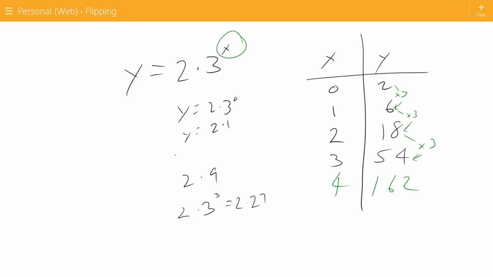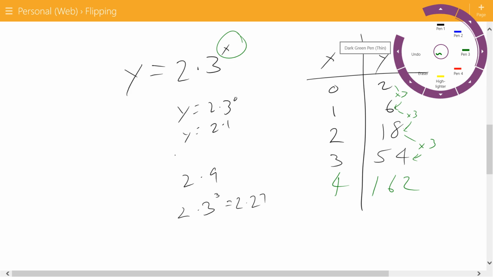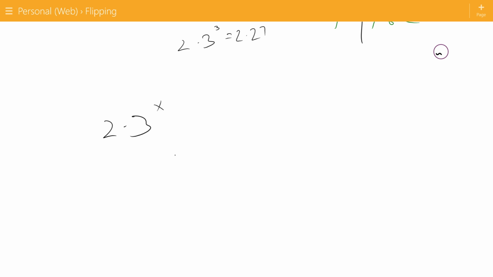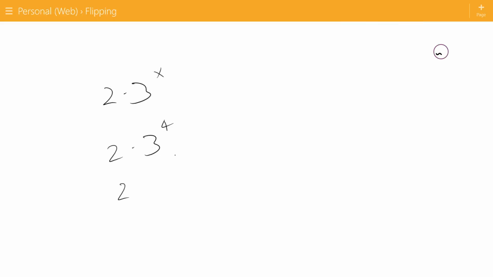Remember, if we expand 2 times 3 to the x, let's plug in a number there just to see. 2 times 3 to the 4th, if we write it in expanded form, is 2 times 3 times 3 times 3 times 3. I have 4 3's.